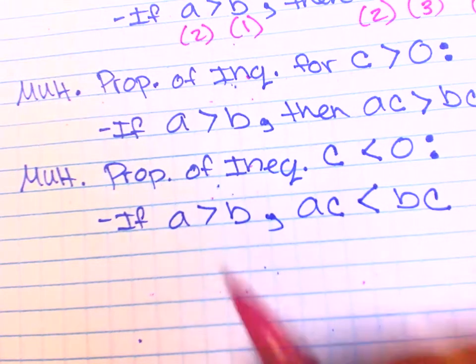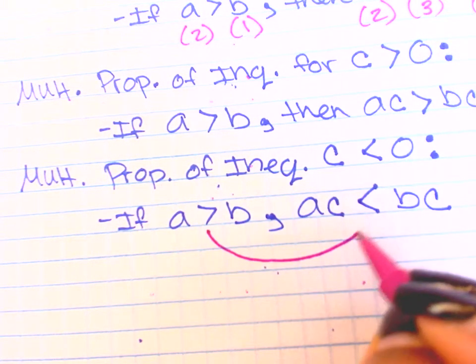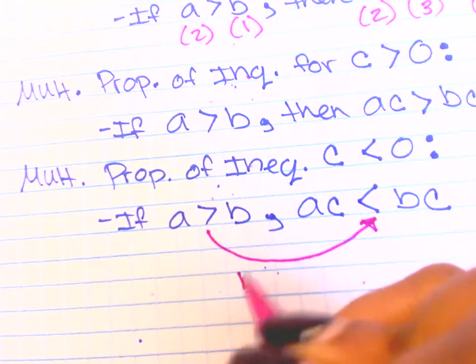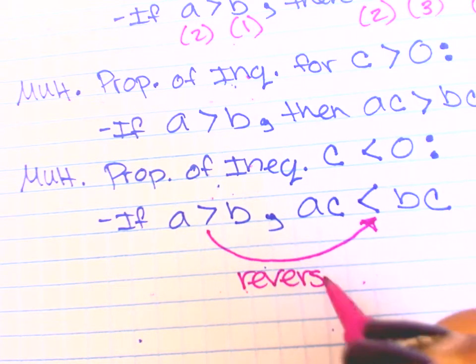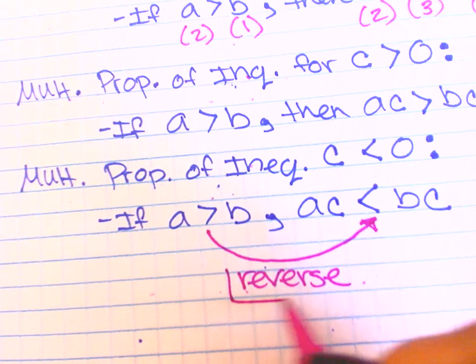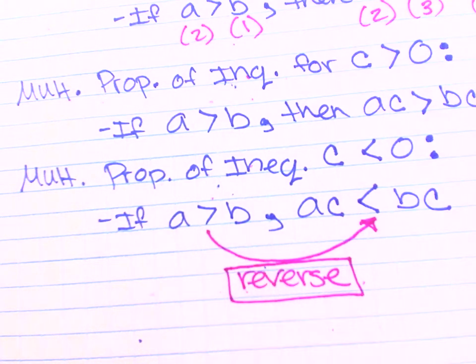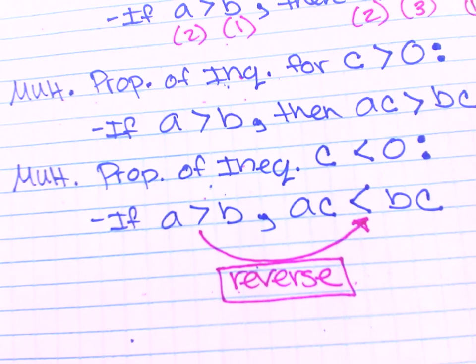So you can see right here, the sign reverses. Reverse the sign. That's important to write down. That the multiplication property of inequality, when C is less than 0, you reverse the sign.